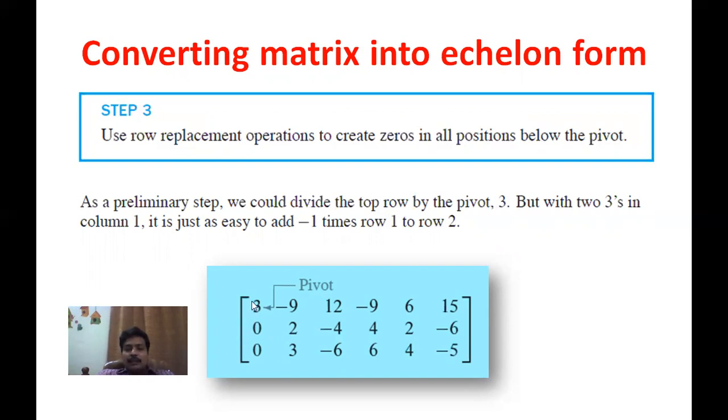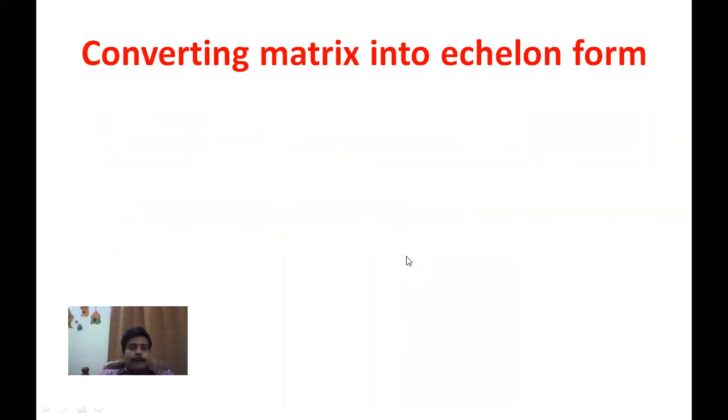So first I identified the pivot column and made sure that the pivot position is non-zero by interchanging the rows. Later we made the entries below it 0. We made the entries below this pivot position, or leading entry, zeros by using elementary row operations.